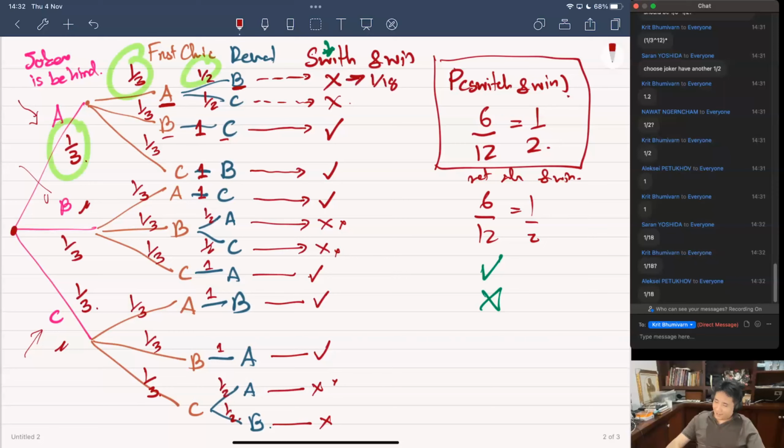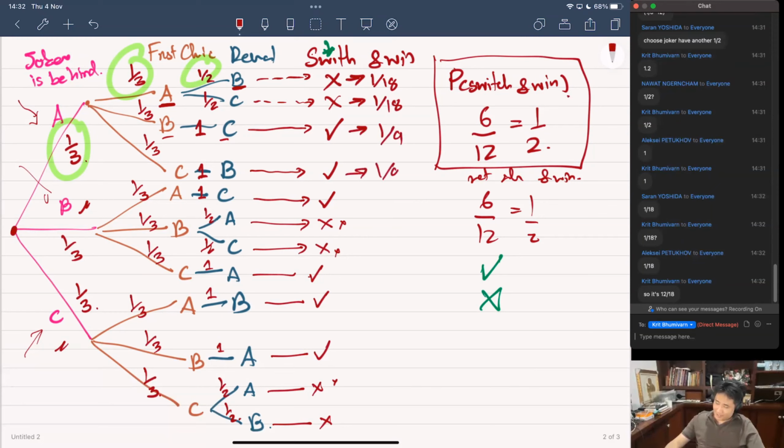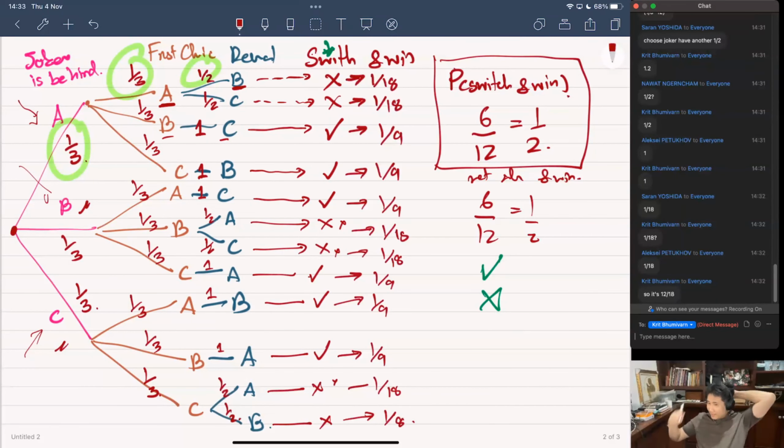Okay. And for the next one, it's also 1/18 if you calculate it. And this thing is 1/9. 1/9, 1/9, 1/18, 1/18.